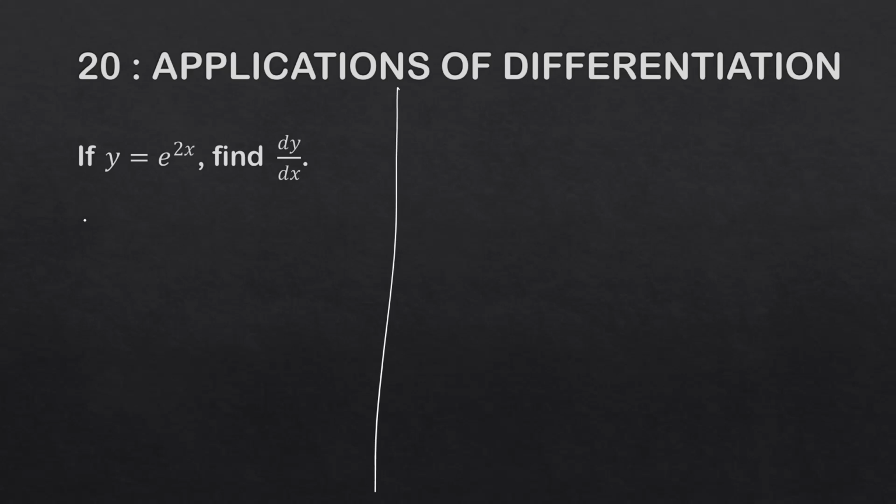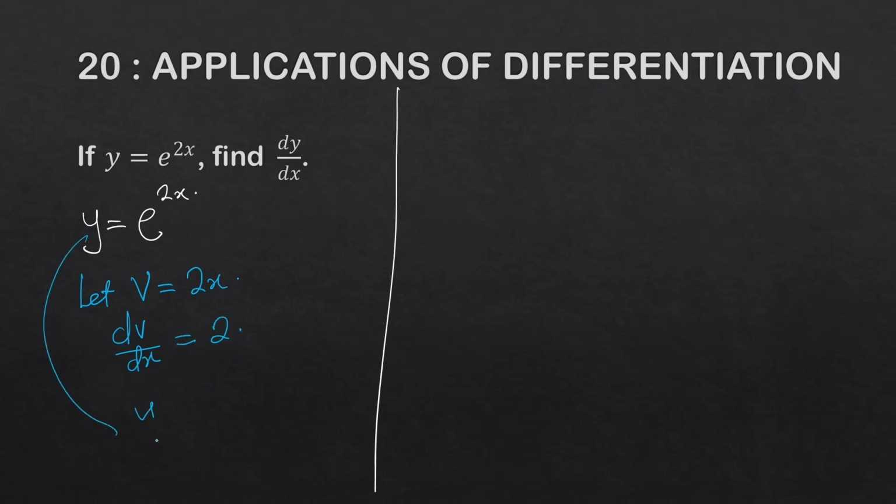Using the chain rule, you are going to say y is equal to e raised to the power 2x. I'm going to say let v equal 2x. Therefore, dv/dx is going to be equal to 2. That means y is going to be equal to e raised to the power v.